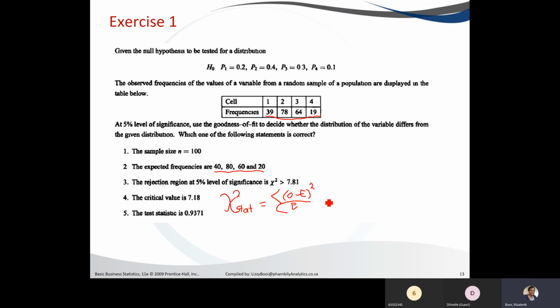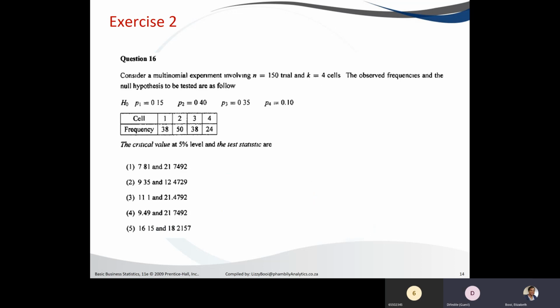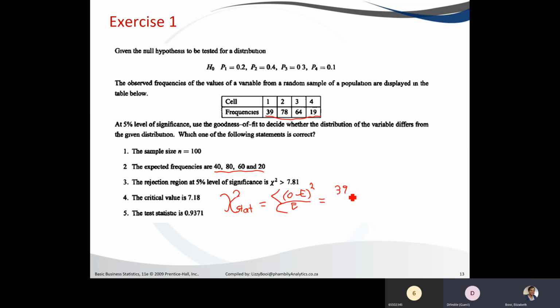So you're going to say 39 minus the expected value of 40, squared, divided by 40, plus, you continue, 78 minus 80 squared divided by 80. I'm just going to leave it to you to complete the whole exercise.